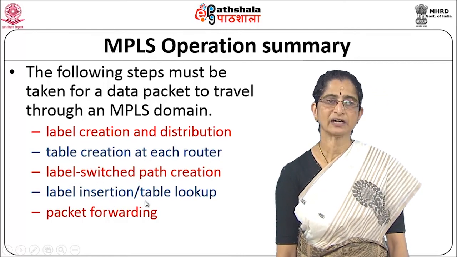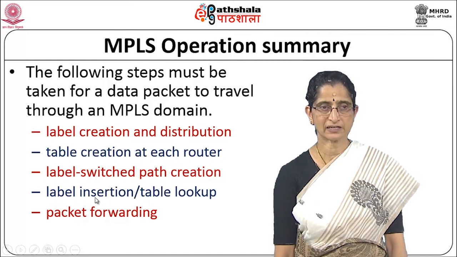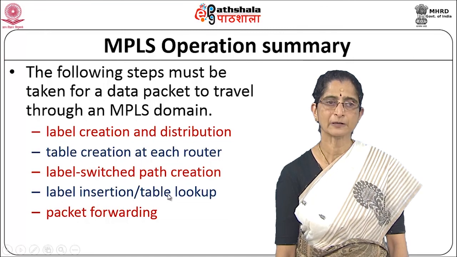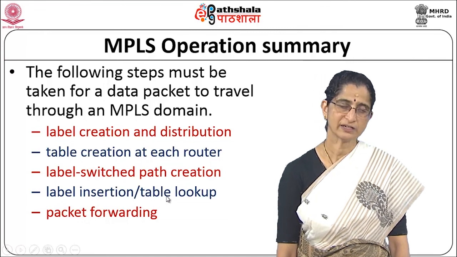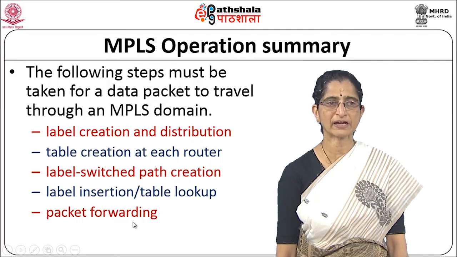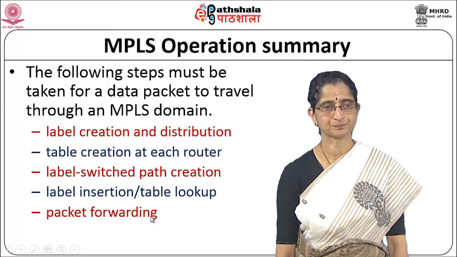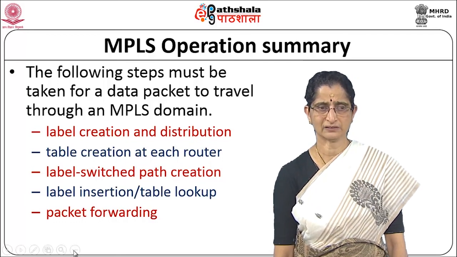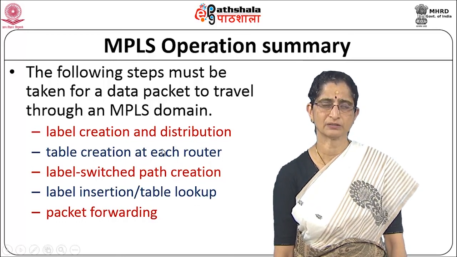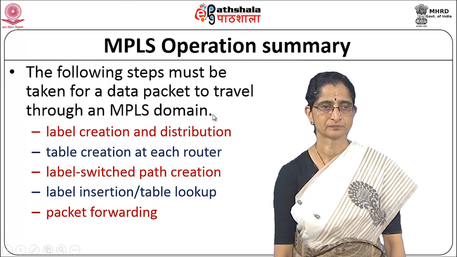Label insertion and table lookup will have to be done as the packet comes in; that is, at the ingress, labels have to be inserted, and table lookup will have to be done at all the intermediate routers. Of course, label removal has to be done at the egress router, and packet forwarding is to be done at each of the intermediate LSRs. These are the basic steps that we need to remember as far as routing within the MPLS domain is concerned.